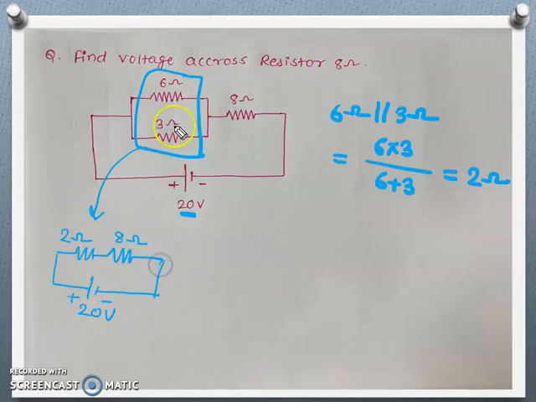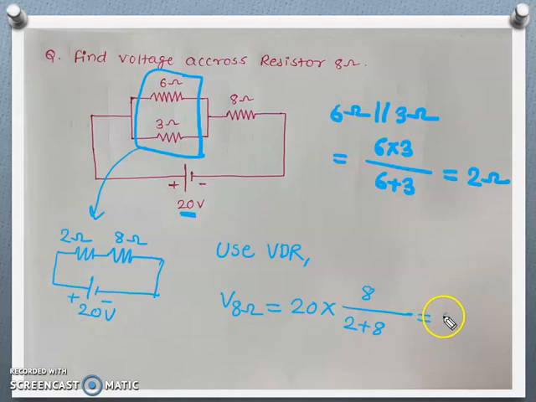Now we have to find the voltage across the resistor 8 ohm. So use the voltage division rule, VDR. We know that the voltage across the required resistance, V8 ohm, will be equal to 20 volt into the same resistor, 8 ohm, divided by the sum of all, which is 2 plus 8.